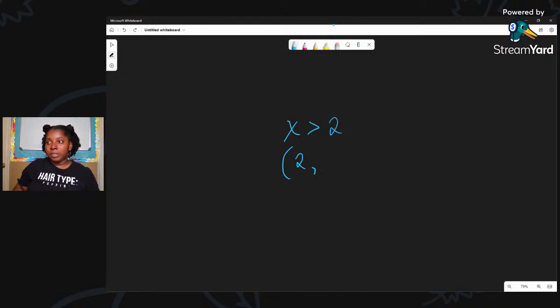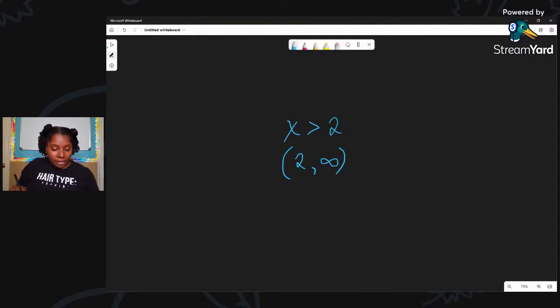What shows that it goes on forever? We would put an infinity symbol. And remember, anytime we have infinity, we're just going to put a parentheses. So it's going from 2 to infinity. To infinity and beyond.